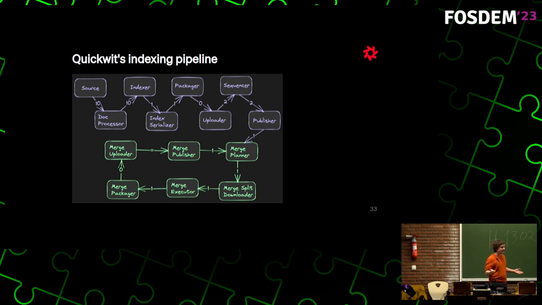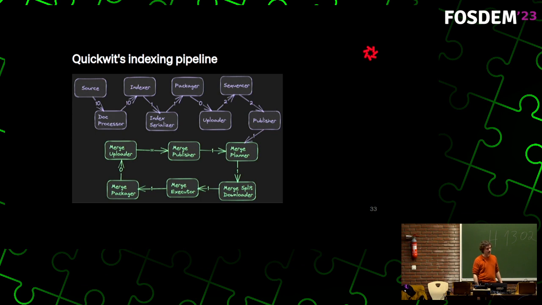It's quite complex, but it makes me feel good to be able to show that when we have to explain to a new developer what the indexing is doing. We can point at things. Every single one of these boxes is doing one very simple thing. It has its own file. It has its own unit test. It makes me happy to have this very simple figure that we can discuss around.